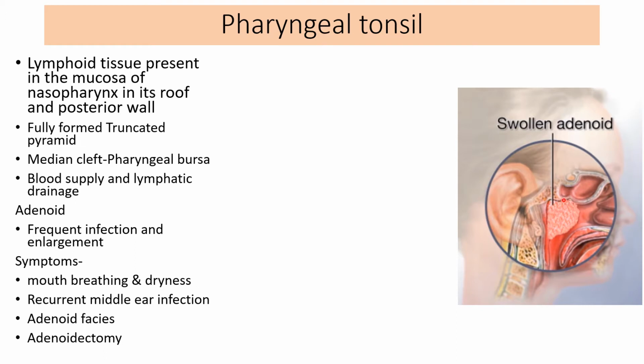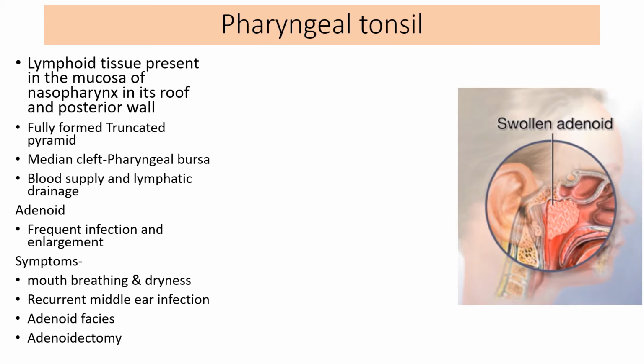So this is adenoid, this is the location along the roof and the posterior wall of the nasopharynx in midline. The fully formed adenoid or the pharyngeal tonsil has the shape of truncated pyramid.